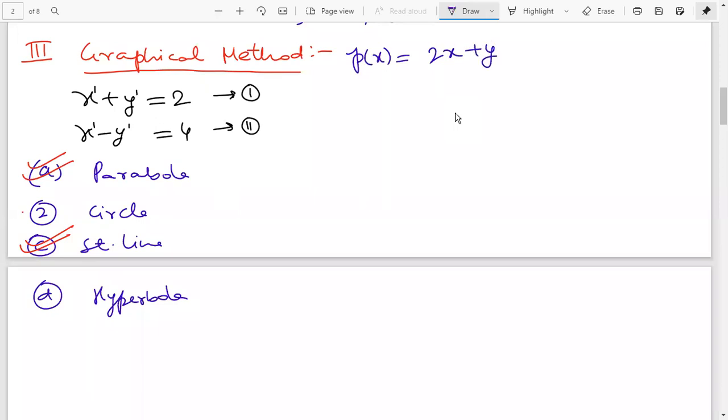This is actually a linear polynomial in two variables. In the previous chapter on polynomials, we had linear equations in one variable, like 2y, 3y plus 6. That is a linear equation in one variable. But the graph will be a straight line, because the degree is 1.